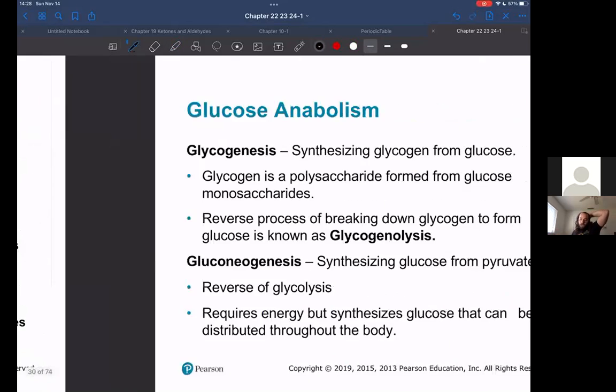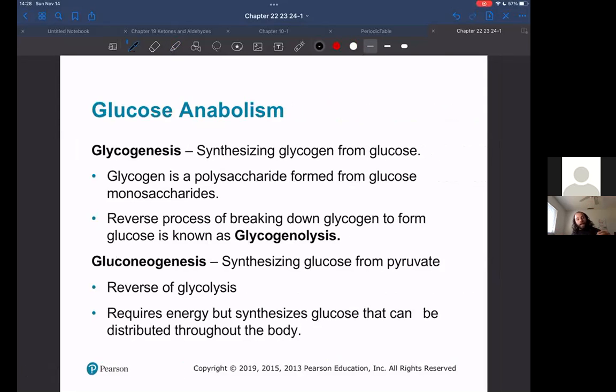All right, so we're going to talk briefly about two anabolic reactions for glucose. We're not really going to go into too much depth with them other than to make sure that we know the terminology. So first of all is the creating of glycogen. Remember that glycogen is the polysaccharide that is found in animal cells. So one of the ways that your cells will store glucose for later use is to synthesize glycogen.